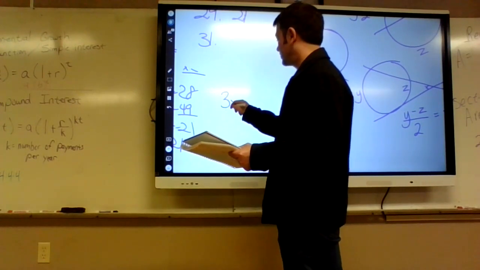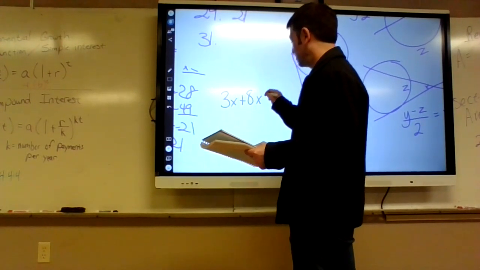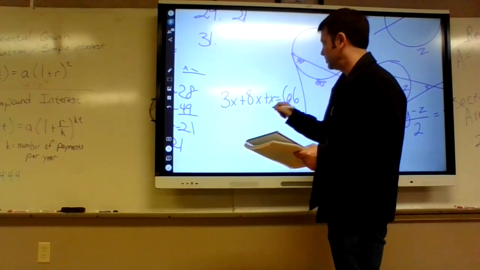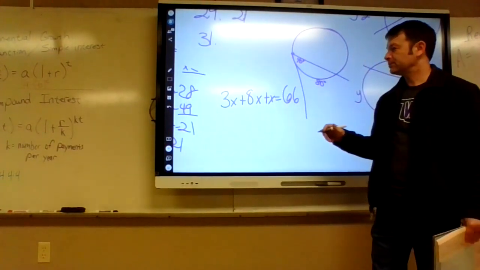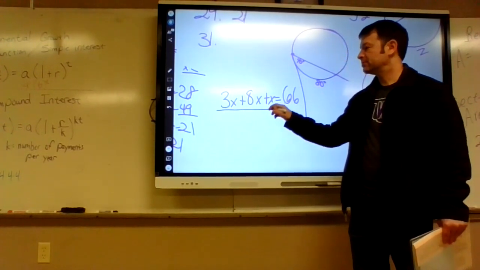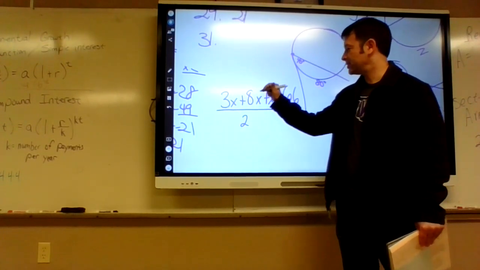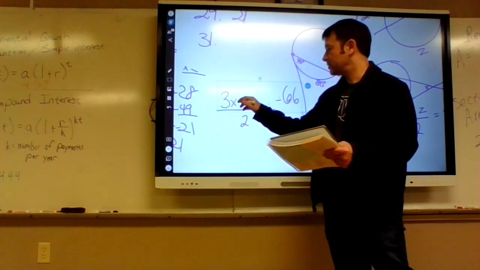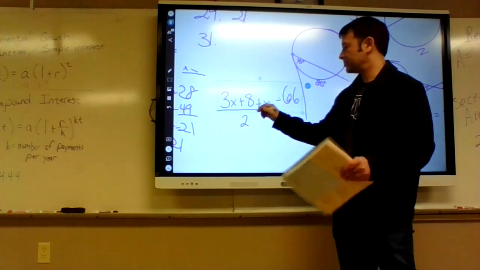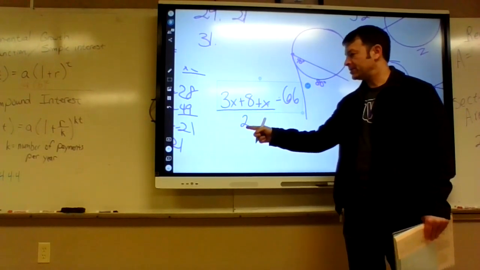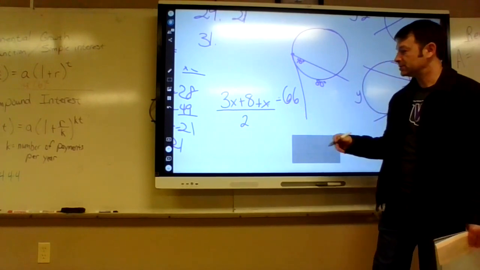Yeah, but you forgot something. You know what you forgot? Divide by 2. Whoops, I wrote it wrong. See, it's 3x plus 8 plus x. Those are the two arcs. 3x plus 8 plus x divided by 2 equals 66.